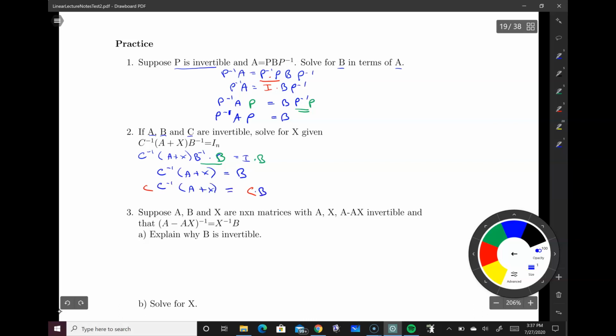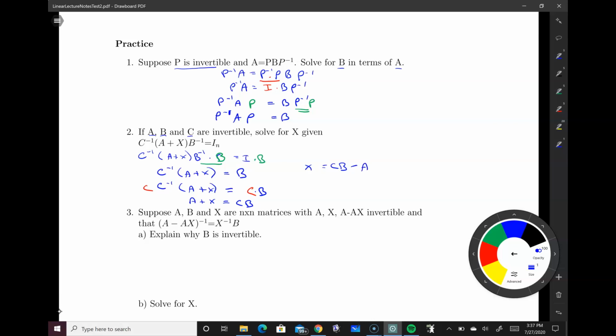Okay, so I multiplied on the left by C, so now I'm left with A plus X is equal to C times B. So then to solve for X, I'm going to say the matrix CB minus A.